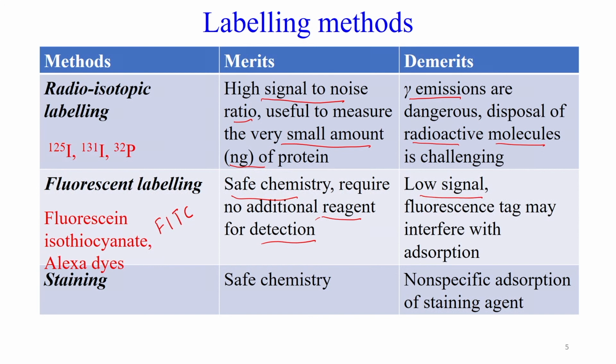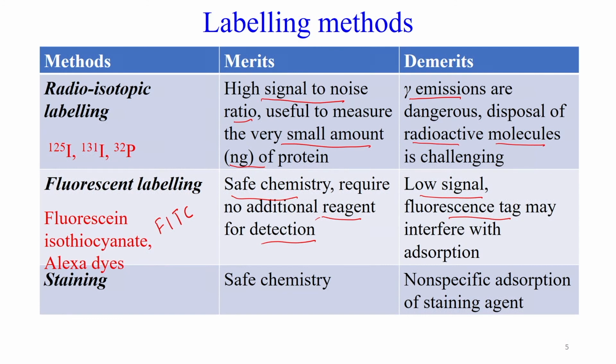The demerit is that it has a low signal, and if you are tagging, adding a fluorescent molecule to the protein, it may interfere with the adsorption process, because this fluorescent molecule has its own chemistry which can interfere with intramolecular interactions, intermolecular interactions, or the protein-surface interaction.